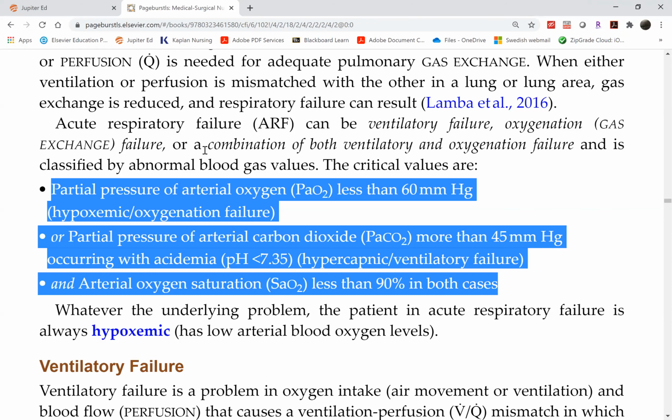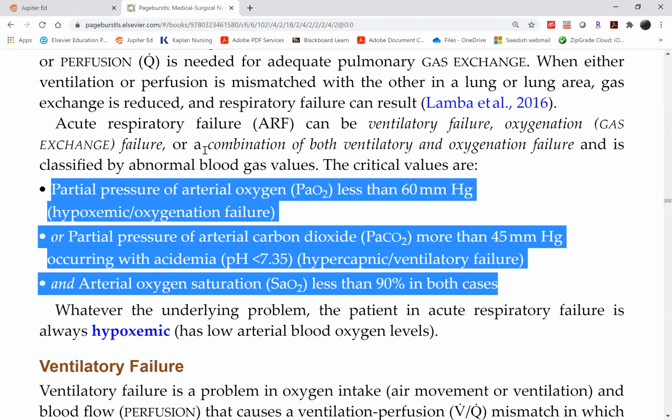Partial pressure of arterial oxygen less than 60, hypoxemic / oxygenation failure, or partial pressure of arterial carbon dioxide more than 45, occurring with acidemia, pH 7.35, hypercapnic / ventilatory failure, and arterial oxygen saturation less than 90% in both cases. Okay, so there are two conditions here.